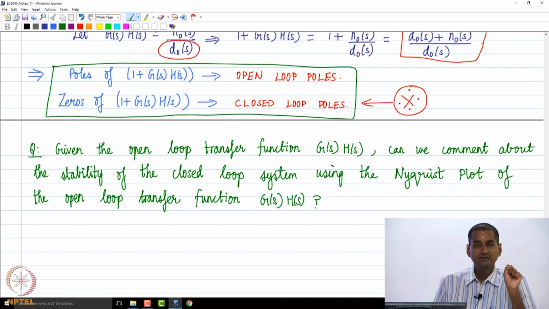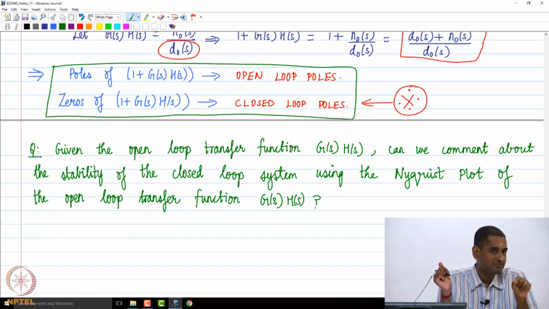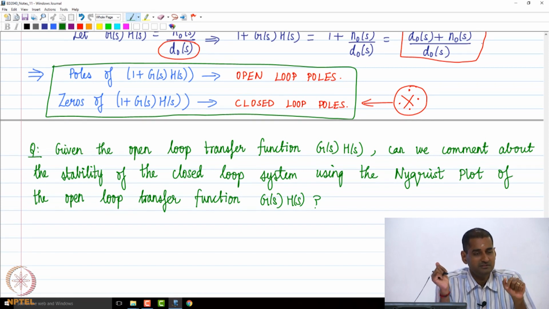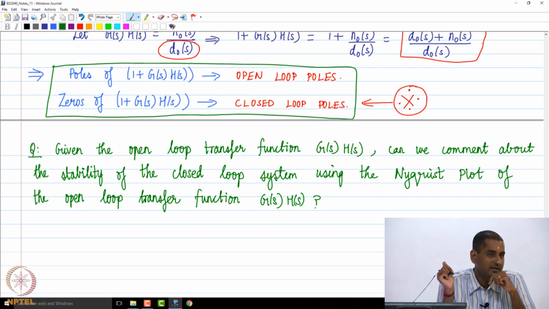We know them. Given the open loop transfer function, can we then use the Nyquist plot of G of s H of s to comment about the closed loop stability?